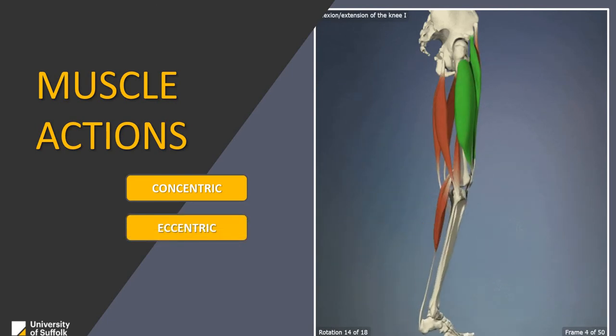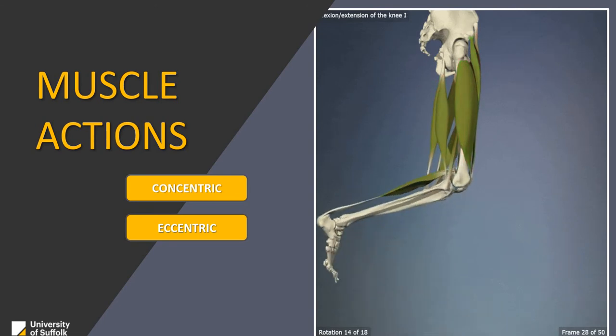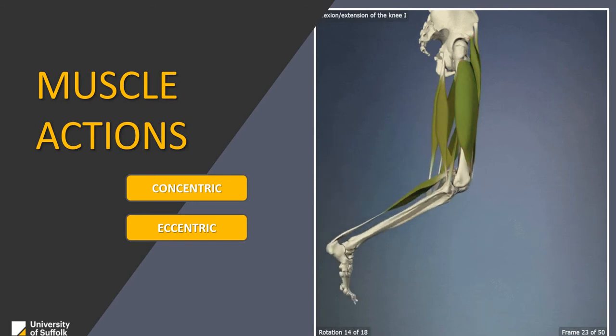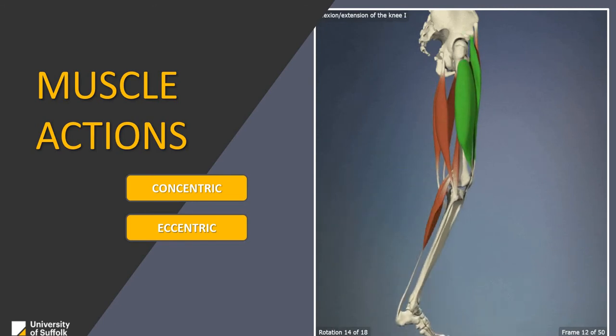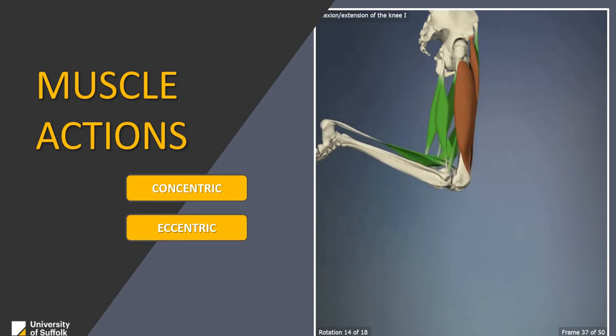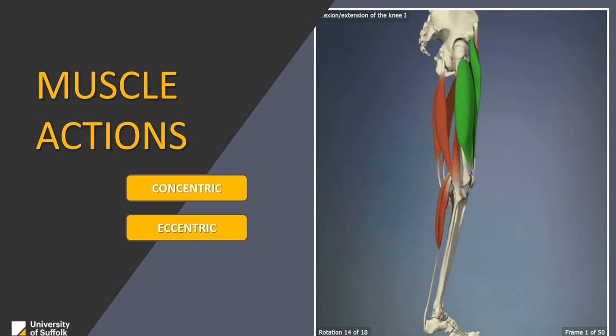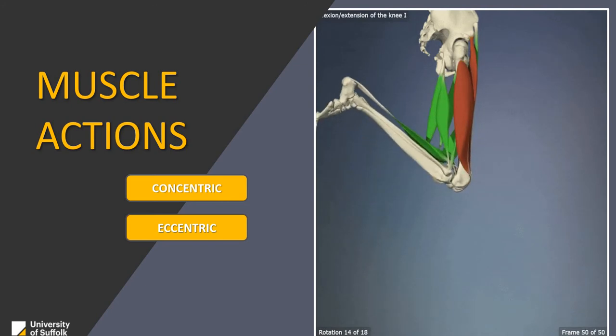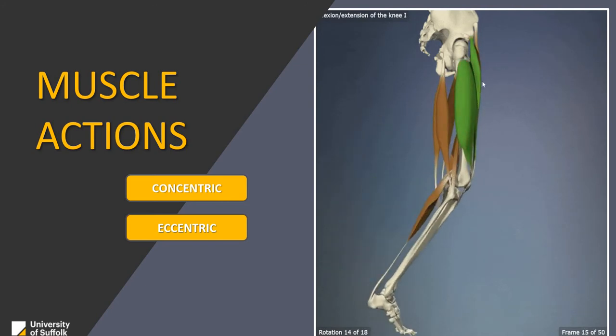Now, if a muscle actively lengthens, the reverse is happening. So it is producing active force to lengthen in response to its agonist muscle shortening. Here this movement is occurring very slowly.